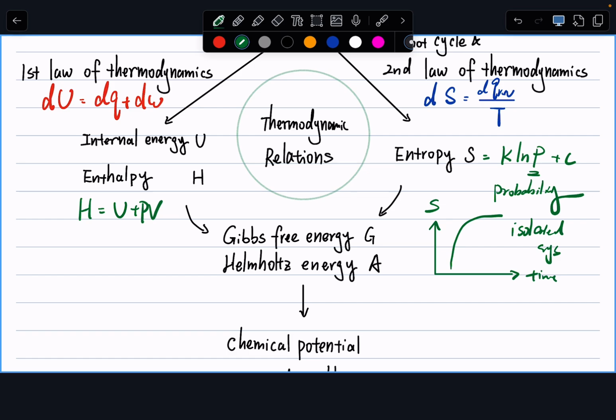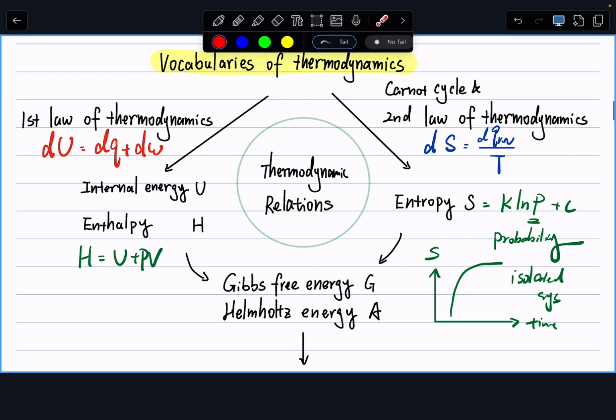And then, using the idea here that the entropy of an isolated system always increases, we later on defined two new state functions, the Gibbs free energy, G, and also the Helmholtz energy. So G is defined as H minus TS, A is defined as U minus TS.